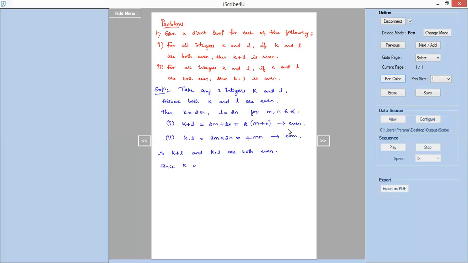Since k and l are arbitrary integers, in view of the rule of universal generalization, the proof is complete. So this is the way we prove the direct proof.